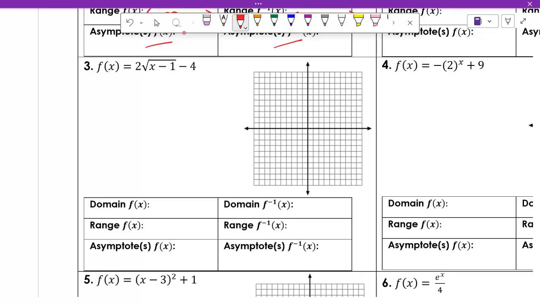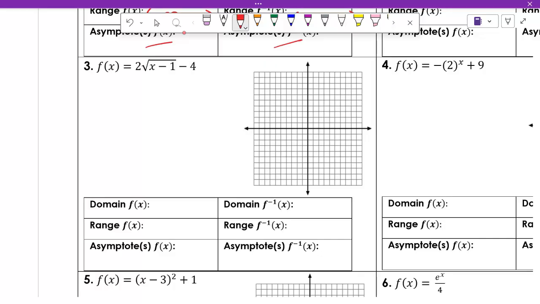Then you have a horizontal asymptote, which guides your end behavior on those far extremes. It's something that it's always approaching while never touching. With a square root function, I don't have something that it's always approaching while never touching, and I don't have anything that causes it to be undefined.